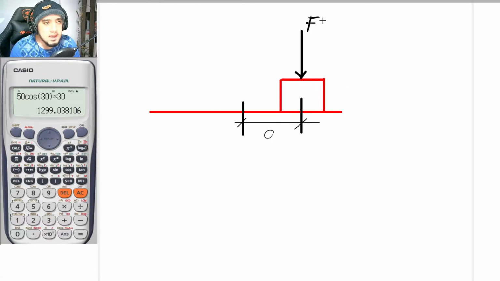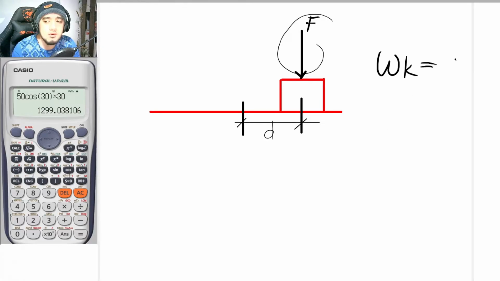As you can see, our force is perpendicular to the displacement, because our force is vertical and our displacement is horizontal. In that case, if the force is perpendicular with the displacement, work is automatically equal to 0. Because once again, your force is vertical, but your displacement is 0.